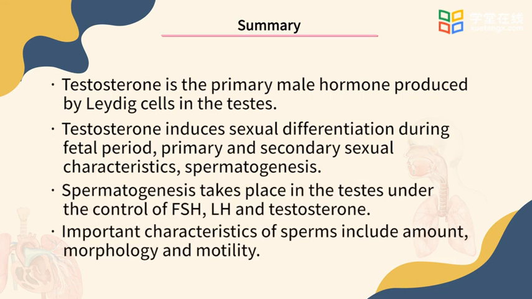Spermatogenesis takes place in the testes under the control of FSH, LH, and testosterone. Important characteristics of sperms include amount, morphology, and motility.